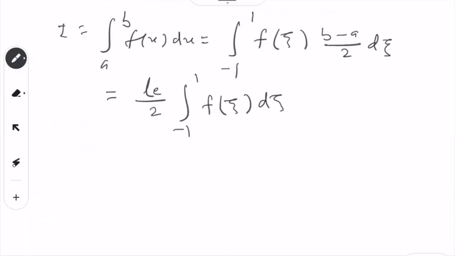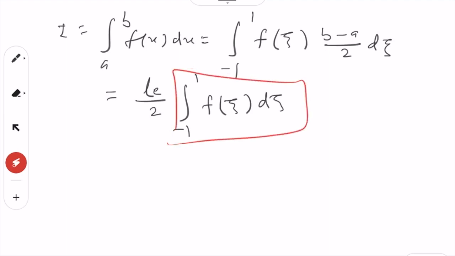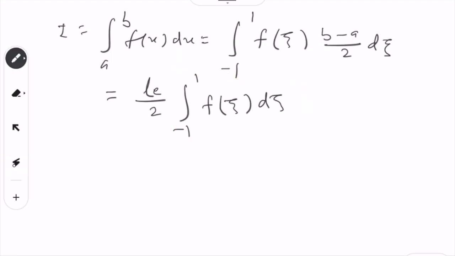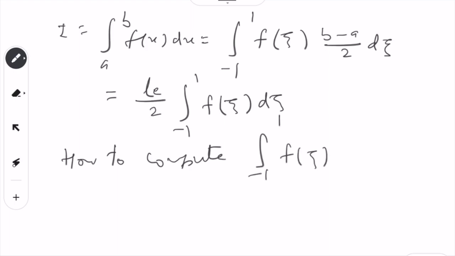Now the next is how to compute the integral from minus 1 to 1 of f(xi) d xi. Okay, so f(xi) we can have a general expression, right?